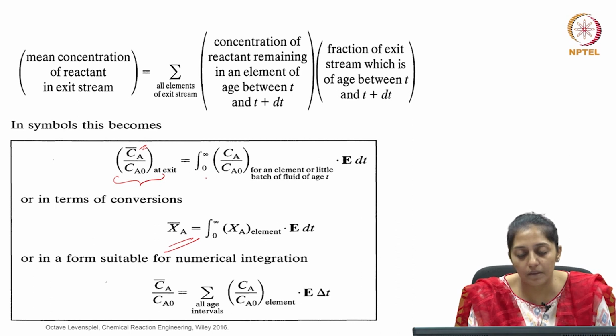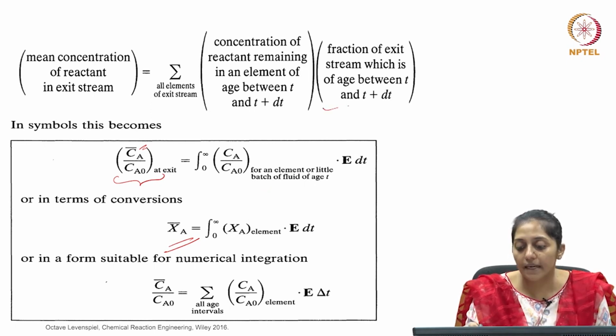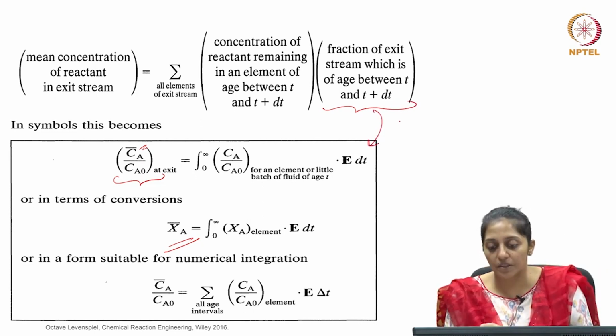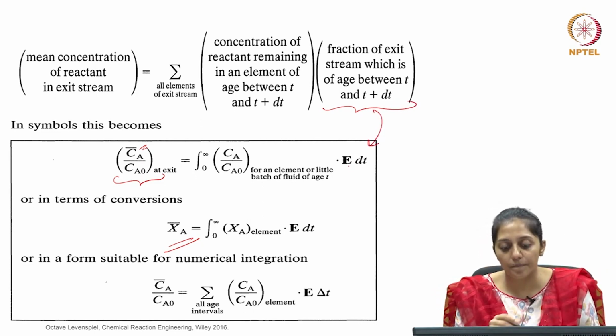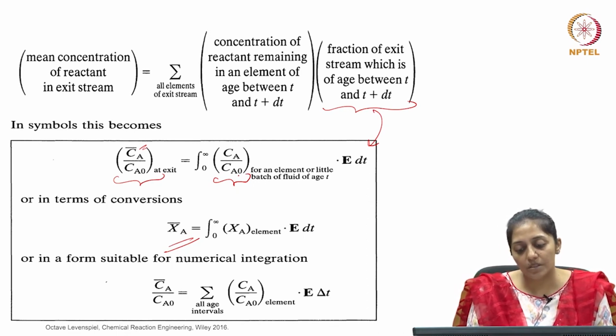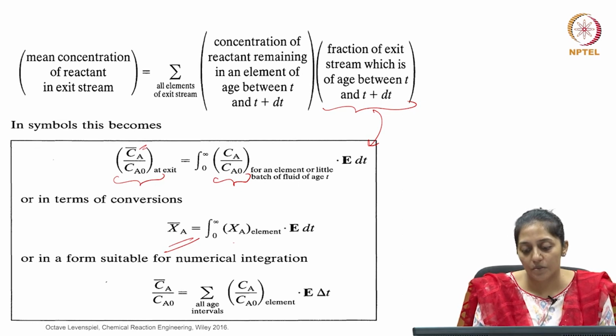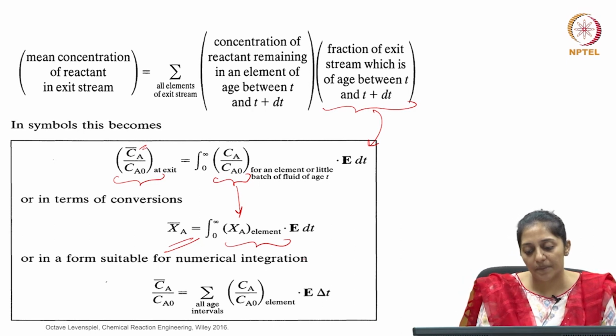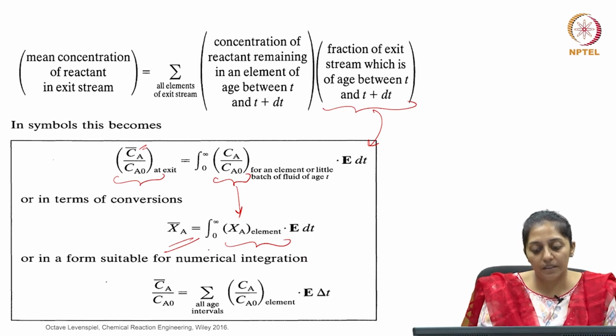Now, for an element or a batch of fluid of age t, the second part of the summation is nothing but your E dt, and Ca by Ca naught is the present concentration of the reactant versus the initial concentration. So this theoretical conversion multiplied by E dt, with the integral 0 to infinity, will give you the actual conversion.